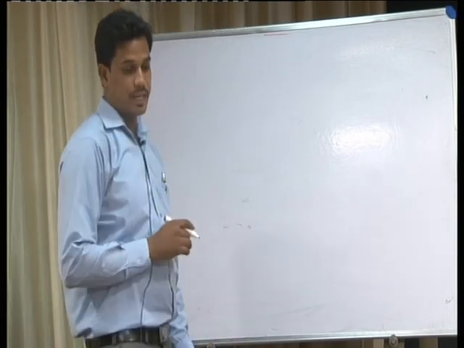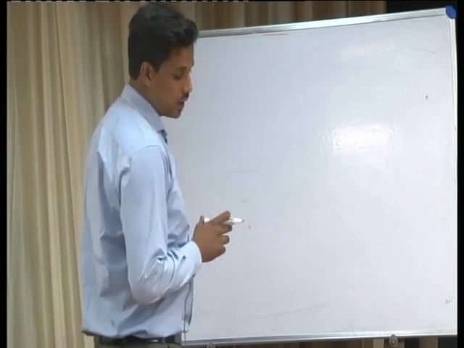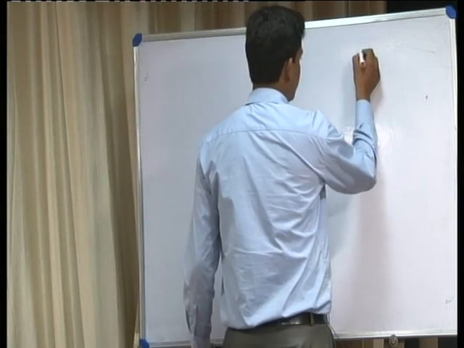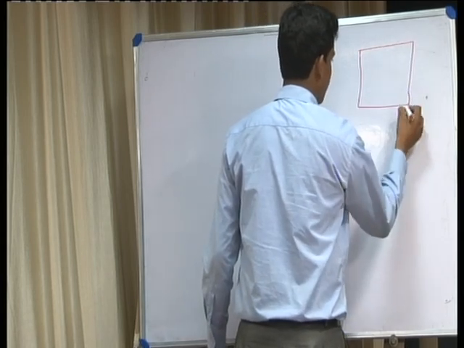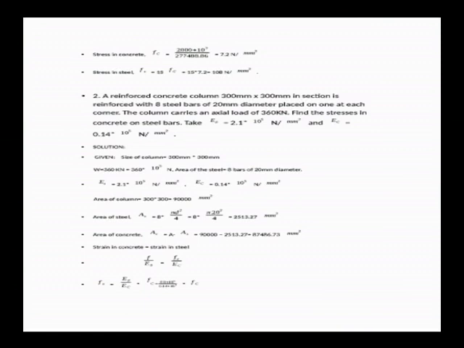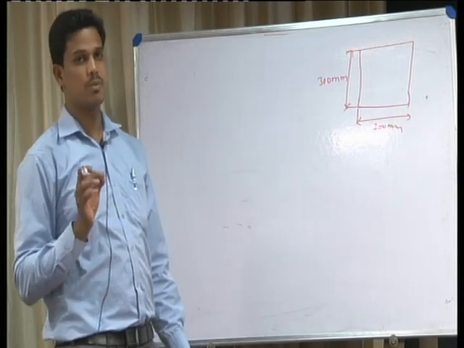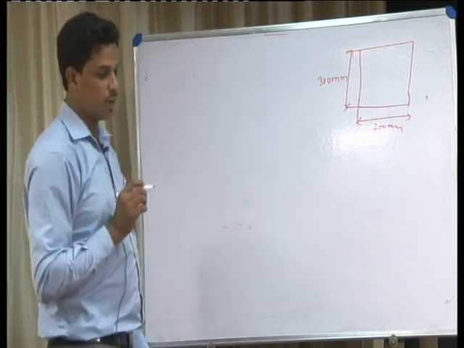Here the area of the column is given as 300 mm by 300 mm. One extra thing here: in the last problem we calculated only the stresses. In this problem we have to calculate the load shared by each unit.